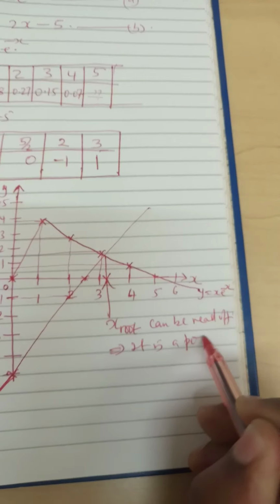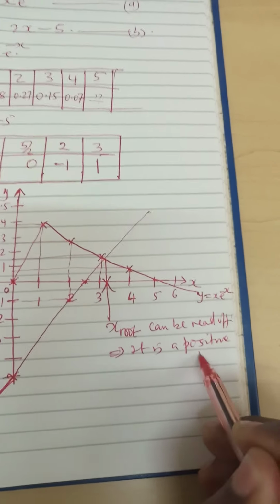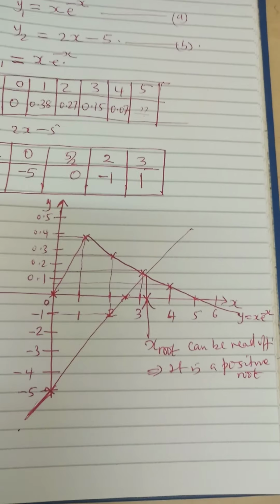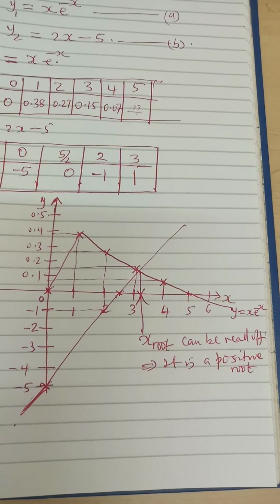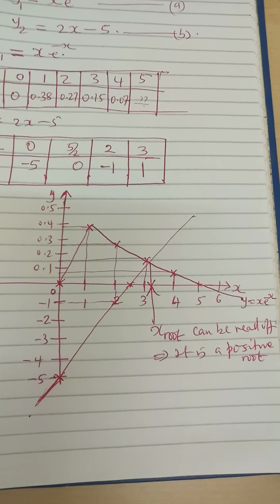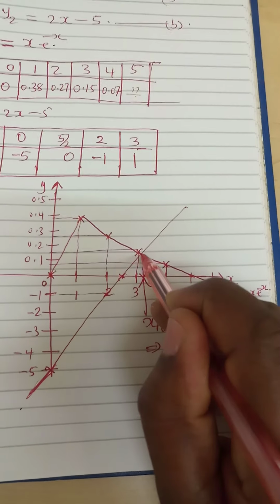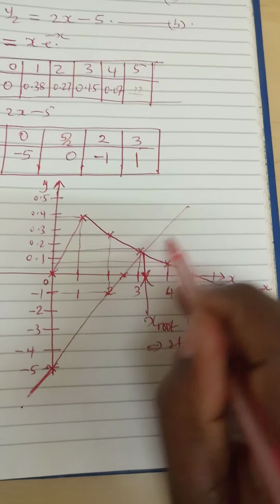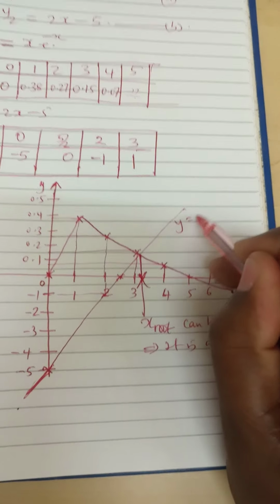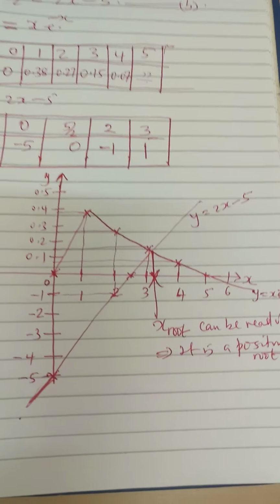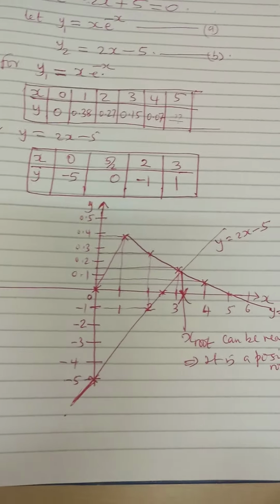It is positive because, as you can see, it lies on the positive x-axis. So you will have shown that there is only one real positive root, because there is only one point of intersection between this curve and the line. This is what basically was required.